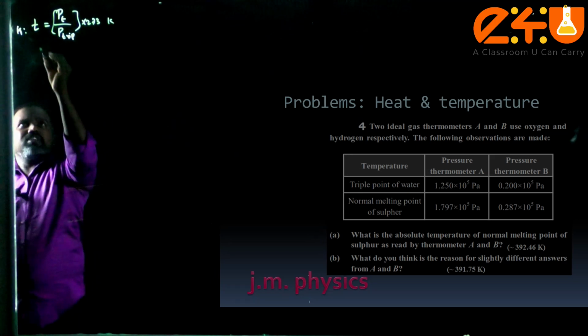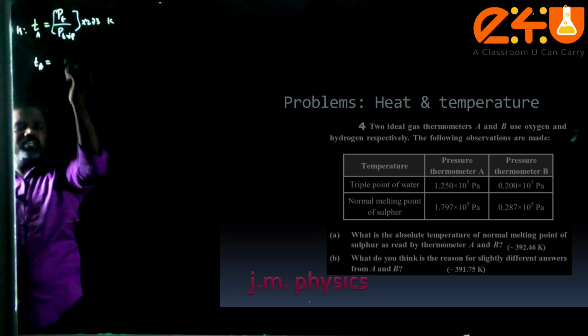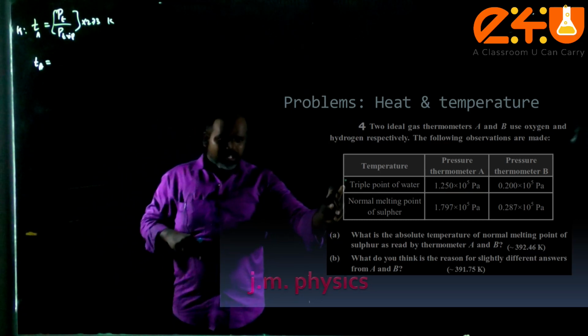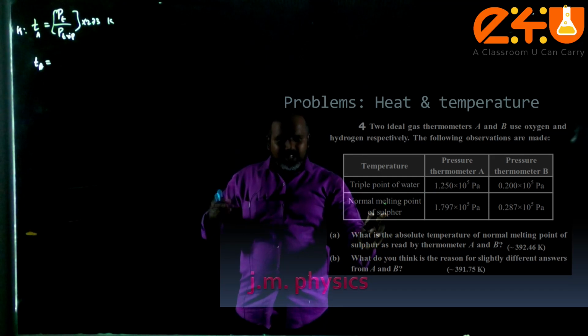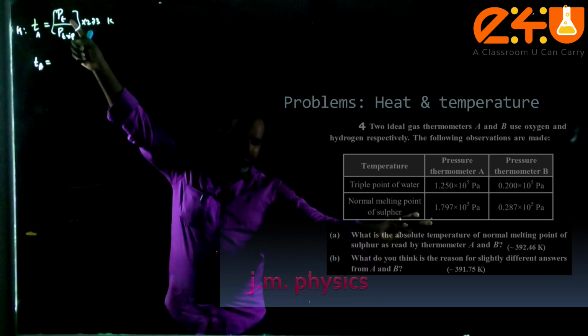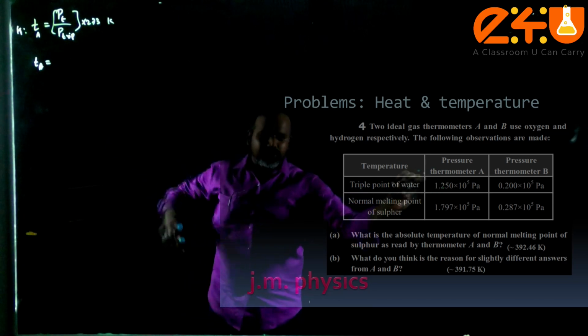Say this is, for example, gas A or substance A. So Ta is equal to Pt value. For substance A, the triple point pressure of water is given as 1.25. At the normal melting point of sulfur, the corresponding pressure is the Pt value, which is 1.797, and the triple point value is 1.25.